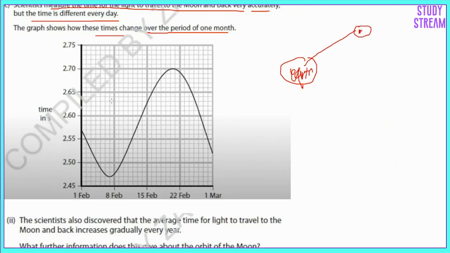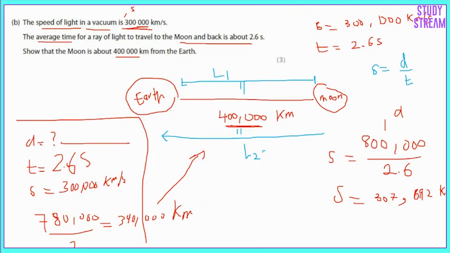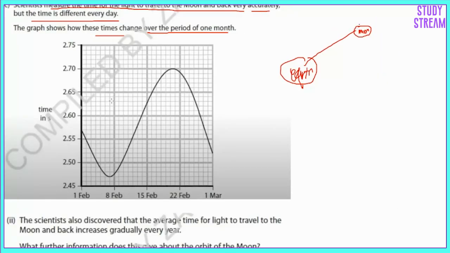This is the moon. So the radius of the orbit, if it's changing, if it's not fixed, then maybe it's not a perfect circle orbit. I think it's elliptical anyway, so we cannot assume it's a perfectly circular orbit, and that means that the radius could be changing.